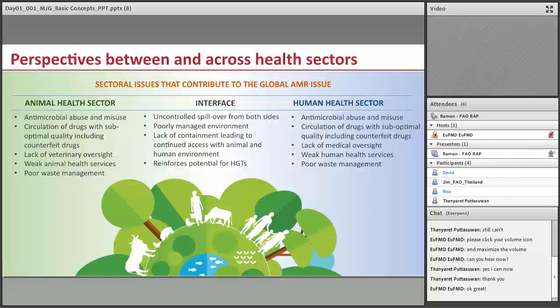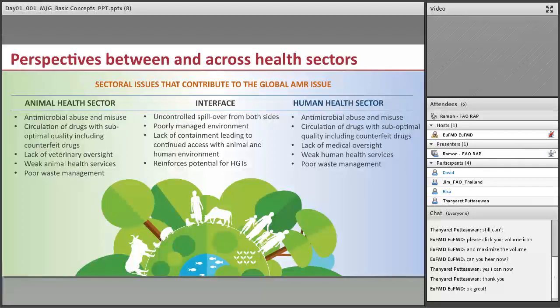And then what are the sectoral issues that contribute to the global AMR issue? You can see that there are similarities for the animal and human sectors, for example, misuse. It's clear that either from human or animal, misuse can contribute to antimicrobial resistance. There's also circulation of drugs with suboptimal quality. That's why quality of drugs is important. Sometimes we see this proliferating in the market.